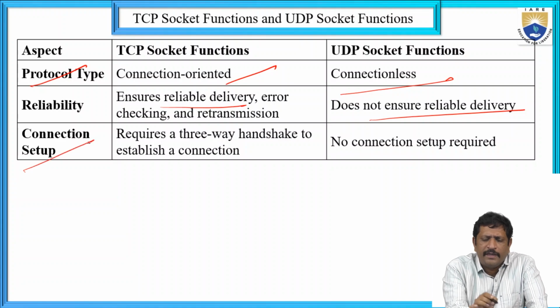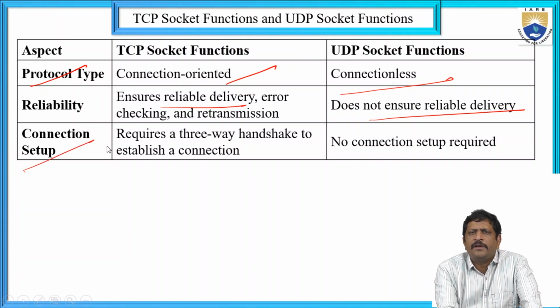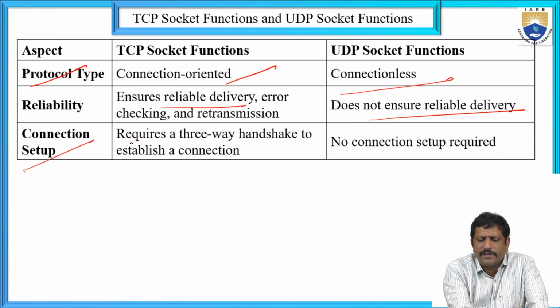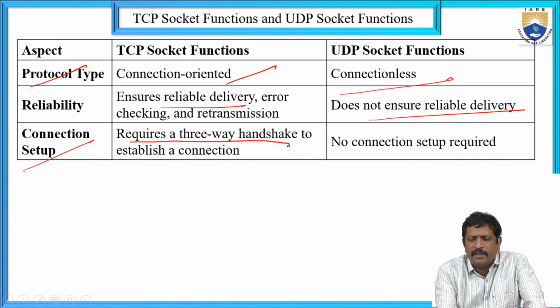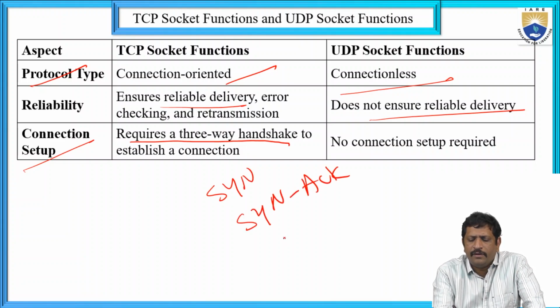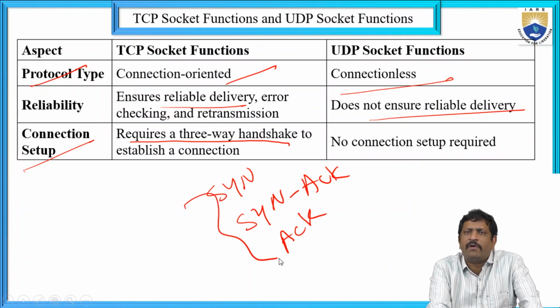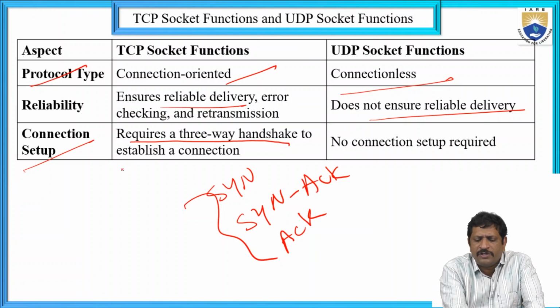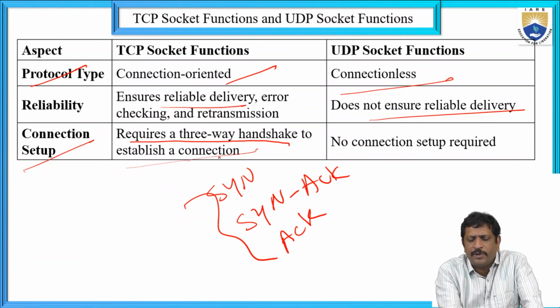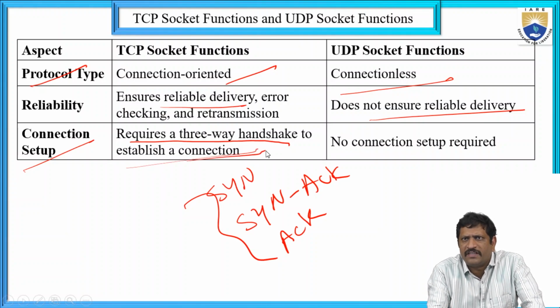In terms of connection setup, TCP requires the three-way handshake: synchronize, synchronize-acknowledge, and acknowledgement. The three-way handshake is required in TCP to establish the connection for transmitting data between the two devices.